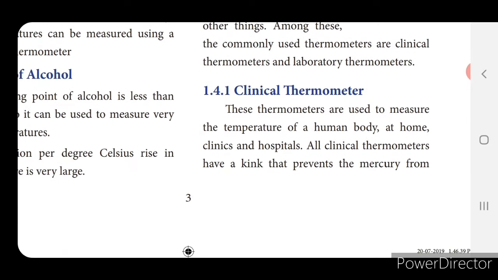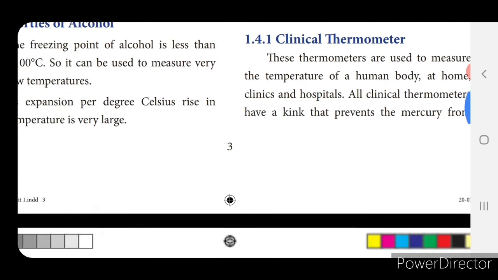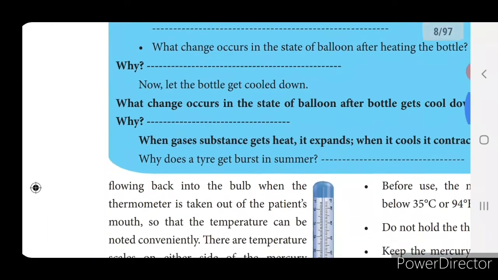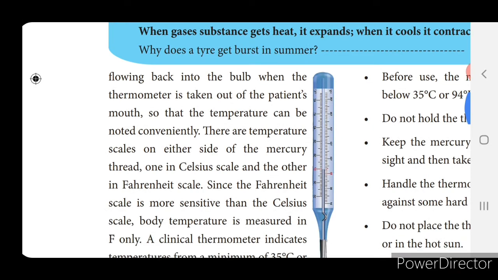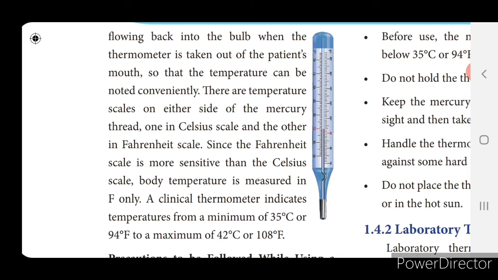From the word clinical itself, you can say it is used in clinics and hospitals. These thermometers are used to measure the temperature of a human body at home, in clinics and hospitals. All clinical thermometers have a kink that prevents the mercury from flowing back into the bulb when the thermometer is taken out of the patient's mouth.